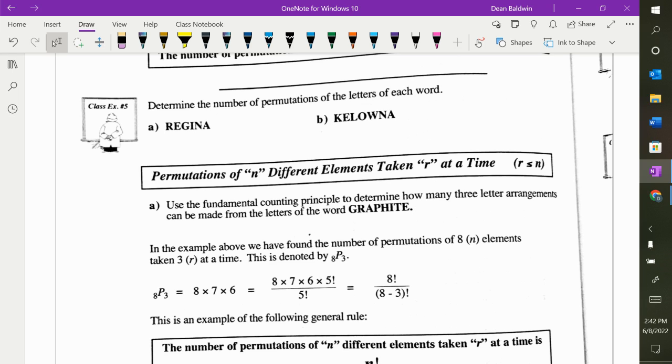Okay, the word Kelowna. How many letters are in the word Kelowna? 7. If I'm going to use each letter once, how many ways can I rearrange it? 7 factorial.